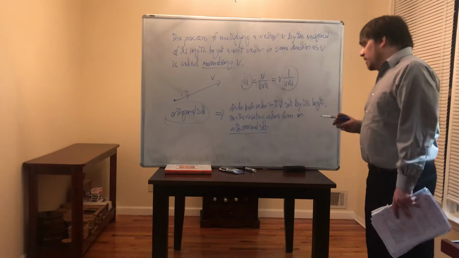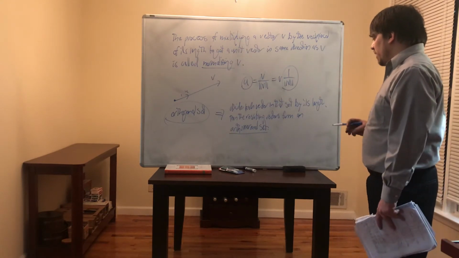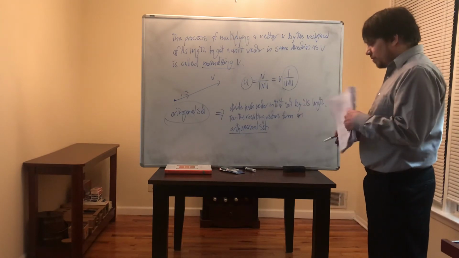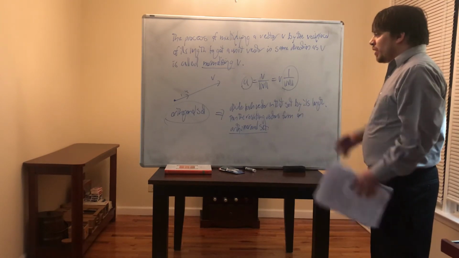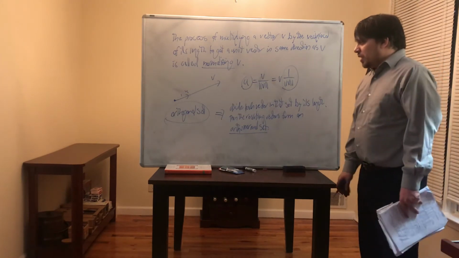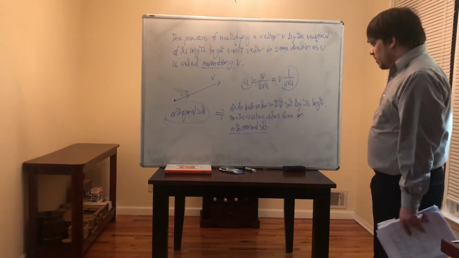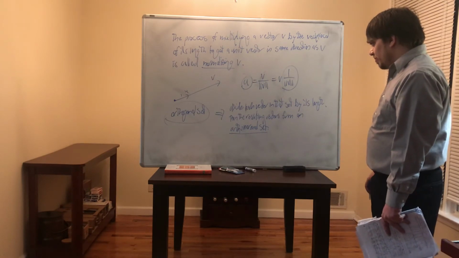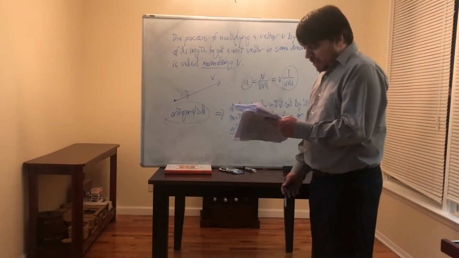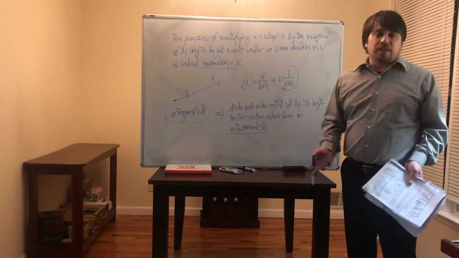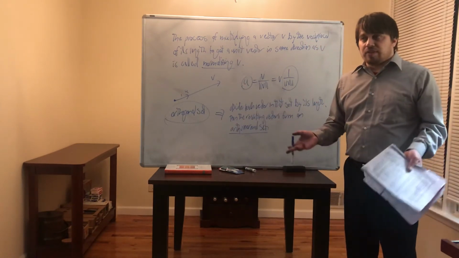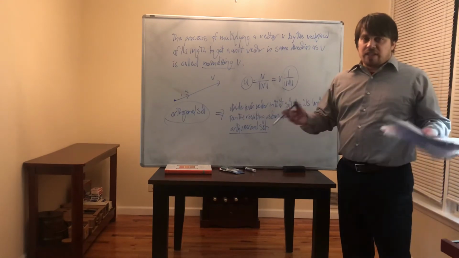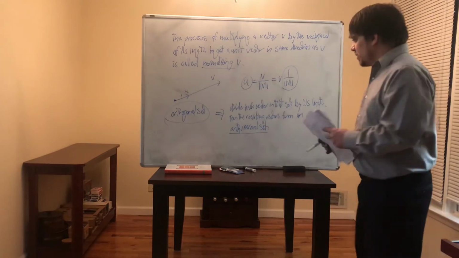So if you have a set of vectors, and it's an orthogonal set, divide each vector by its length. And now you have an orthogonal set in which every vector has length 1, and that's an orthonormal set. Good.